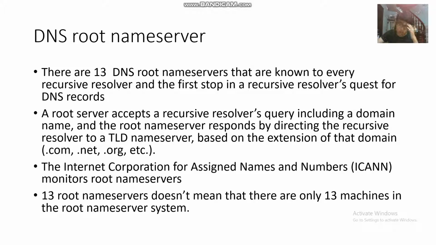So we are continuing with the DNS root name server. Next, the Internet Corporation for Assigned Names and Numbers, ICANN, can create and monitor the root name servers. 13 root name servers doesn't mean that there are only 13 machines in the root name system.